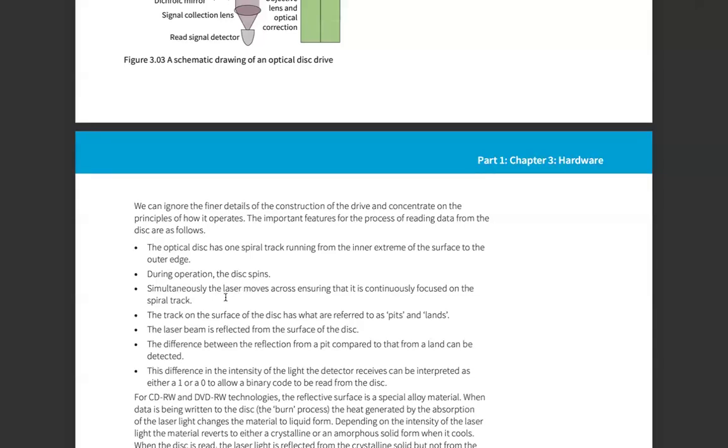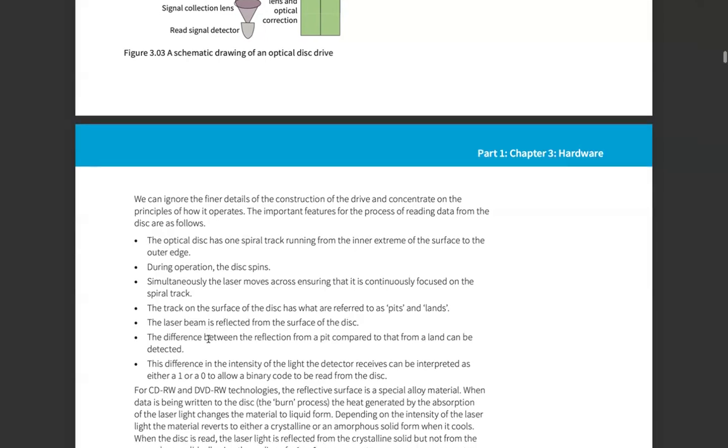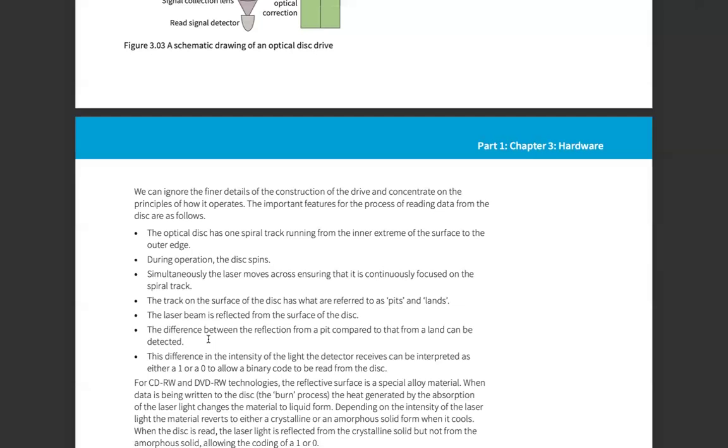And simultaneously, the laser moves across, ensuring that it is continuously focused on the spiral track. The track on the surface of the disk has what are referred to as pits and lands. The laser beam is reflected from the surface of the disk, and the difference between the reflection from a pit compared to that from a land can be detected.